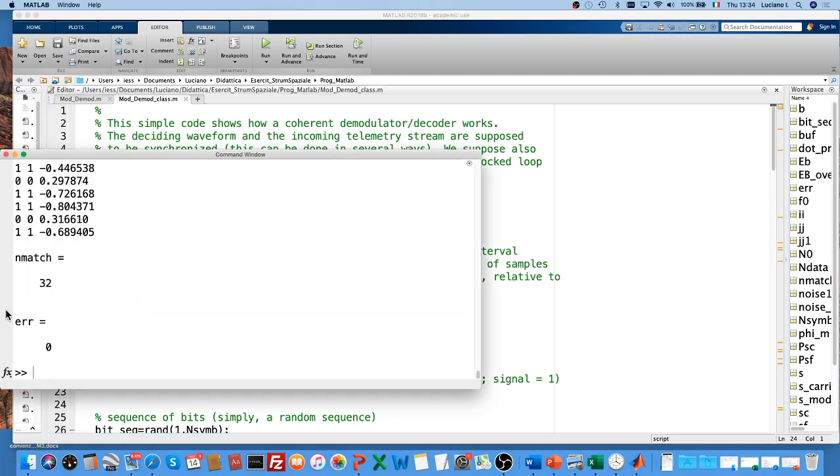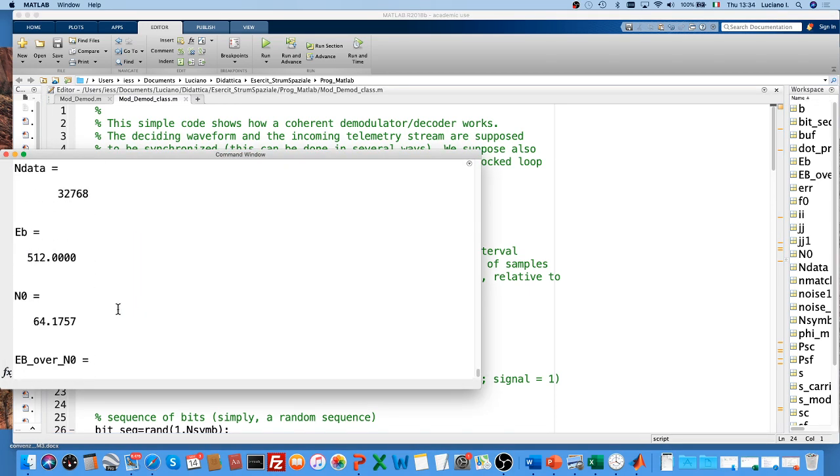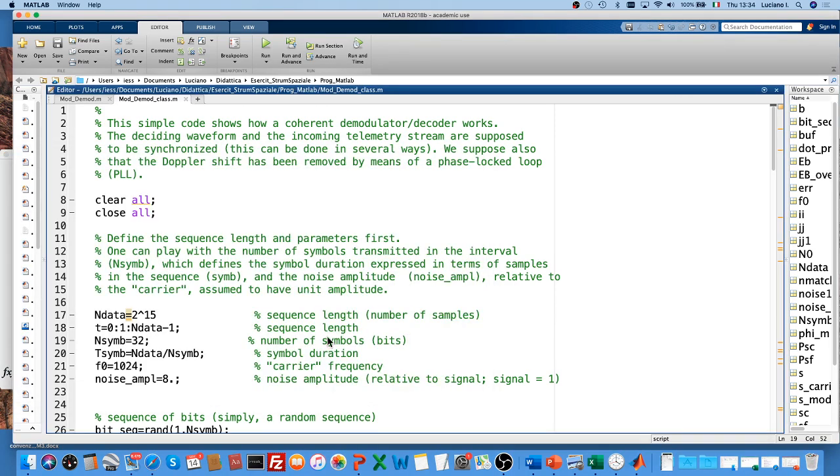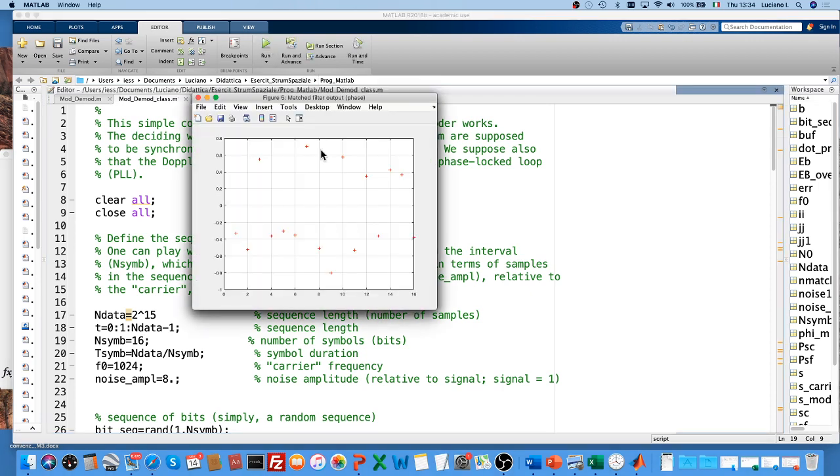But because the Eb over N0 is equal to 8, if we want to be sure of committing really very, very few errors, 10 to the minus 6, 10 to the minus 5, we go to 16, and therefore we will get a definite clearer separation between the two clouds.